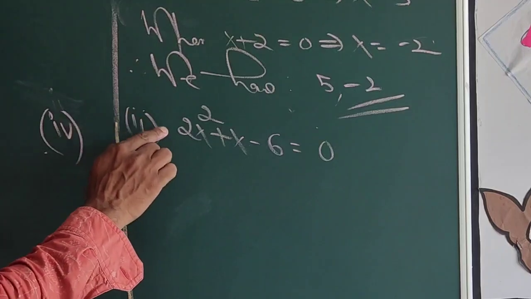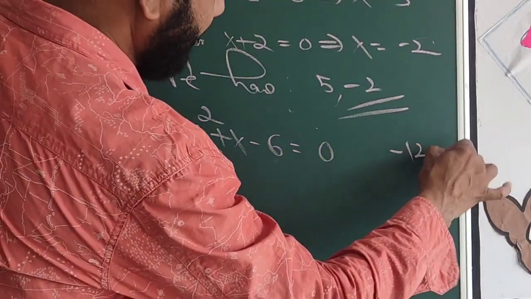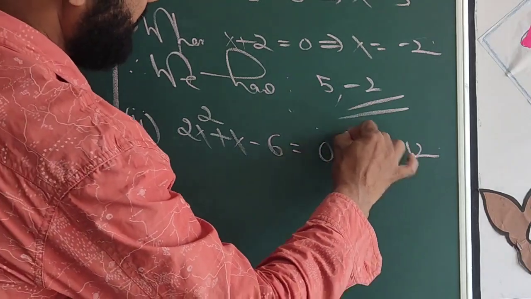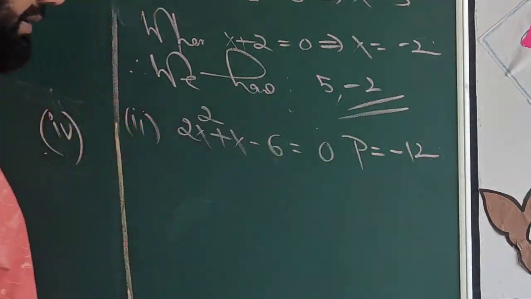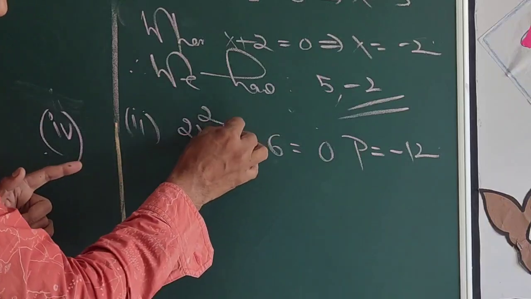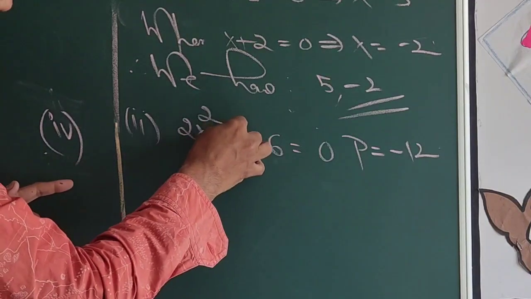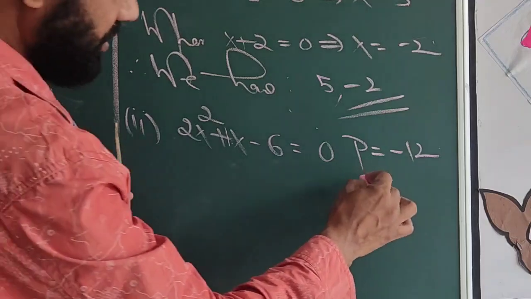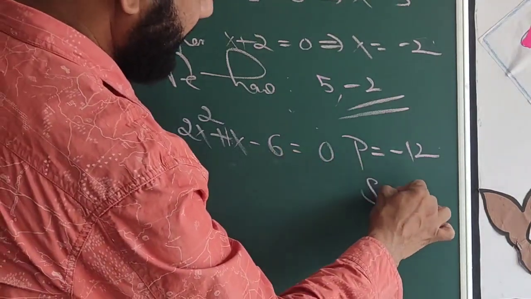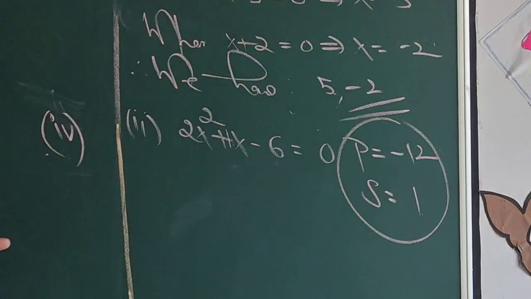When we multiply minus 6 by 2, it is equal to minus 12. So for product it will be minus 12, and for sum we add the coefficient of x, which is 1. So for sum it will be equal to 1.